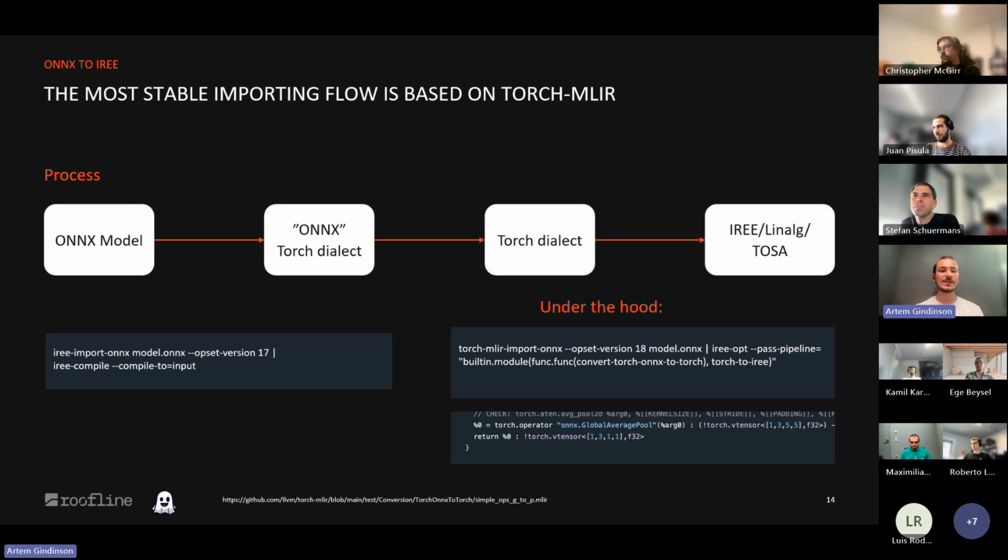The way it works for ONNX is that first everything gets lowered into the so-called ONNX Torch dialect, which is really, I guess, the best analogy I would have is custom named ops. But the good thing, which allows for this whole thing to work, is that ONNX graphs are quite similar to the ATen format, which I believe, correct me if I'm wrong, originates from ExecuTorch.